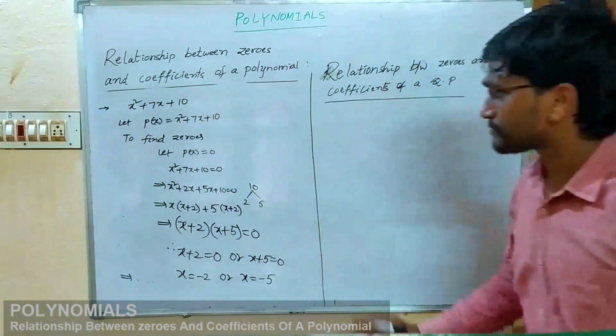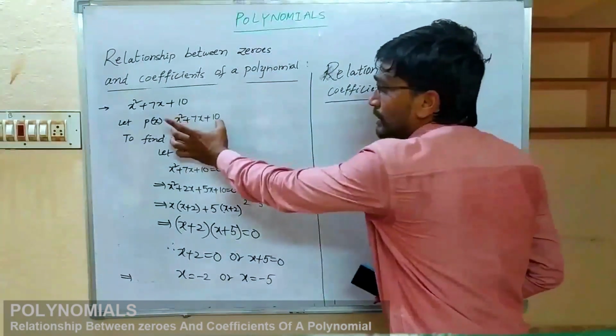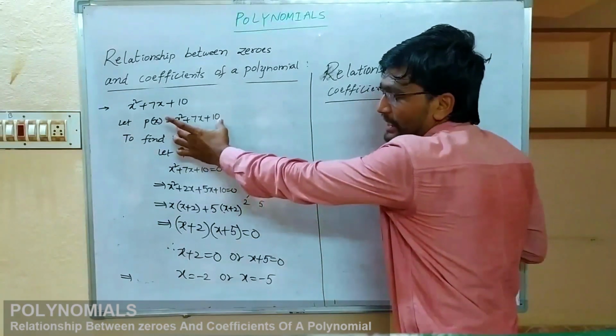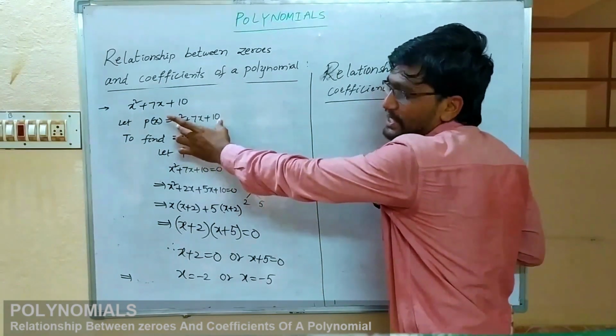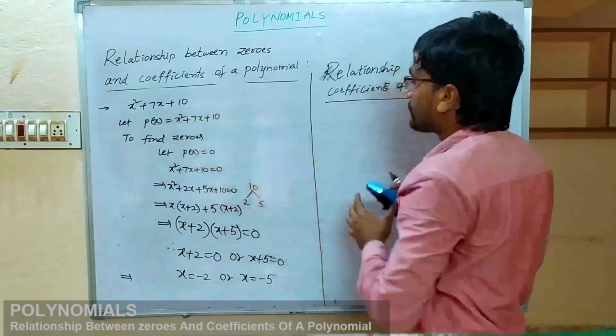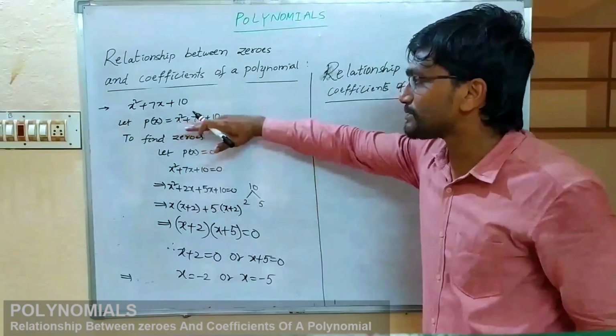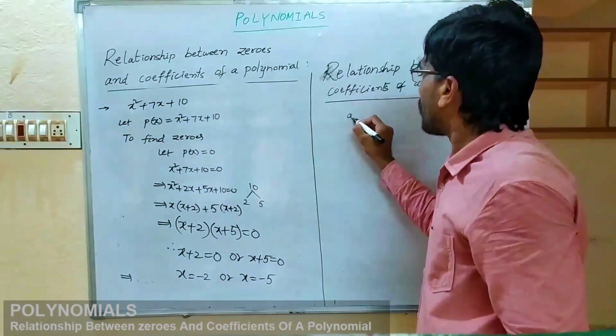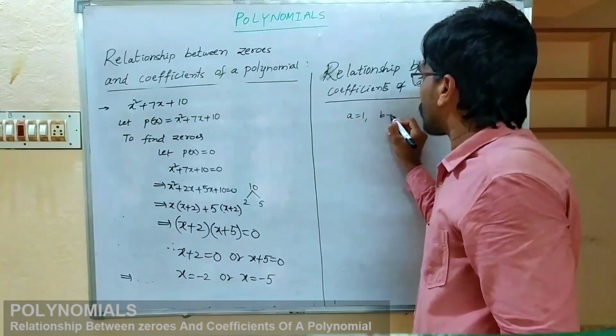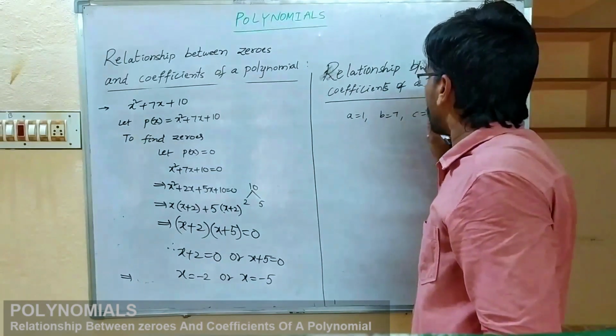See, first compare the given polynomial with ax square plus bx plus c. Then we get a is equal to 1, b is equal to 7 and c is equal to 10.